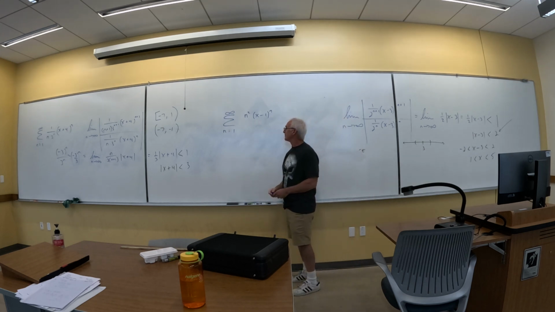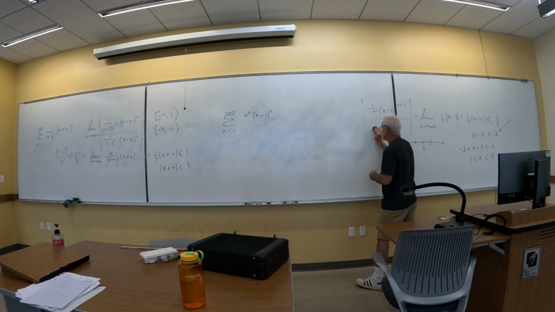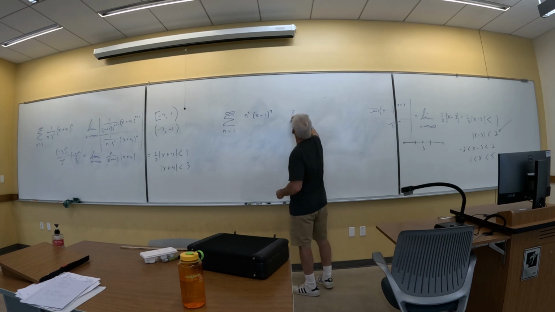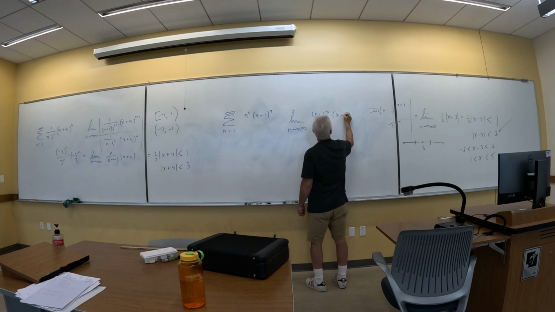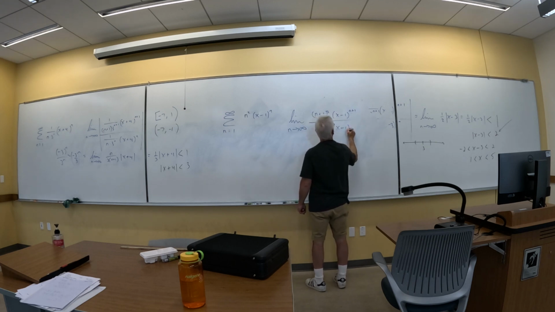So here's my power series, okay? You're seeing that n squared and going, isn't this going to diverge? Not necessarily. So when I do my limit, I'm going to have n plus 1 squared, x minus 1 to the n plus 1, all over n squared, x minus 1 to the nth.